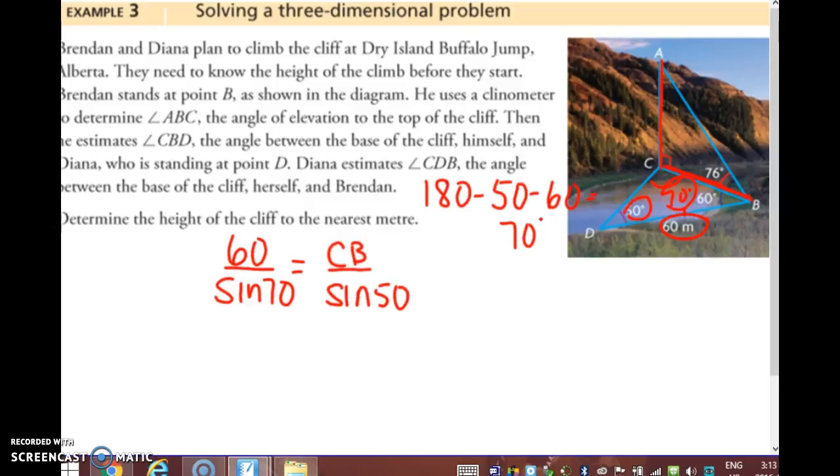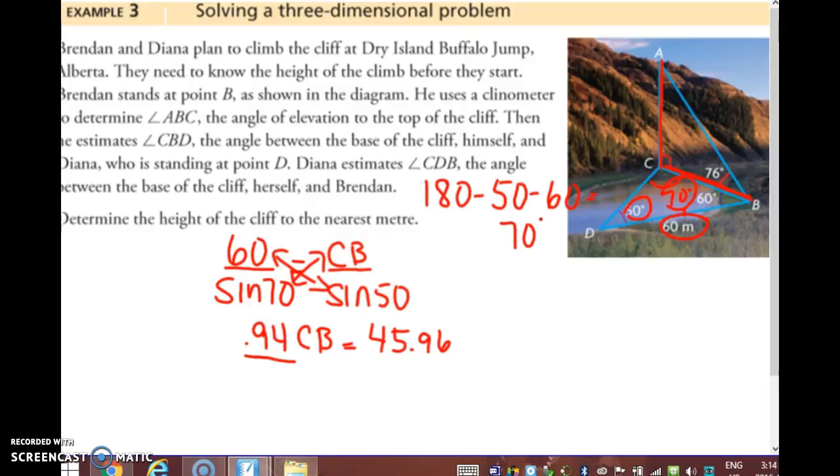Then we'll cross multiply proportionally. We'll multiply sine 50 with 60 and sine 70 with CB. So sine 70 is equal to 0.94. So 0.94 CB is equal to, we go sine 50 multiplied by 60, and you get 45.96.